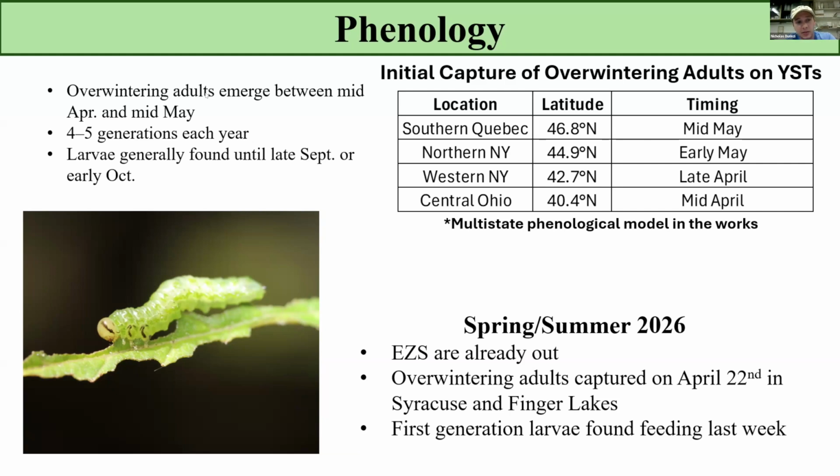But they were first captured on April 22nd, both in Syracuse and in the Finger Lakes region. We tried to get traps in northern New York again, and we had them out there, but we had trouble due to temperatures fluctuating wildly, and we're not exactly sure when they flew up there, but we assume they're out by now as well.